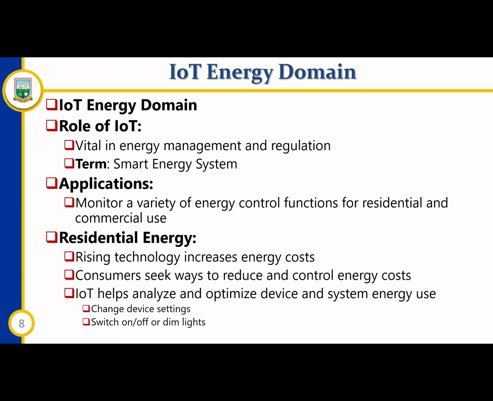So that is an example of the use of IoT in residential areas in terms of energy. We are able to conserve energy instead of the lights being on 24/7. Because of the use of sensors and actuators, we are able to reduce the cost of energy.